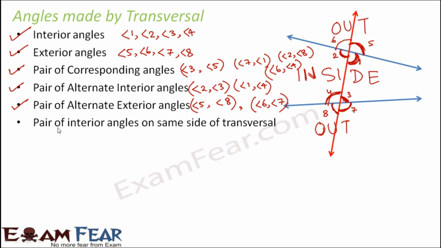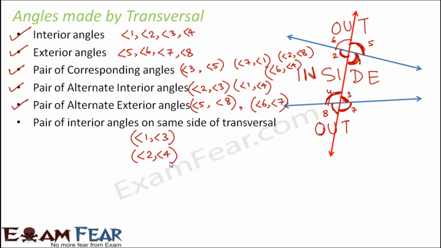Finally, you would also have a pair of interior angles on the same side of the transversal. Interior angles can be alternate, like 2 and 3 are alternate interior angles, but 1 and 3 are interior angles on the same side of the transversal. So angle 1 and angle 3 are interior angles on the same side of the transversal. Similarly, angle 2 and angle 4 are also interior angles on the same side of the transversal.